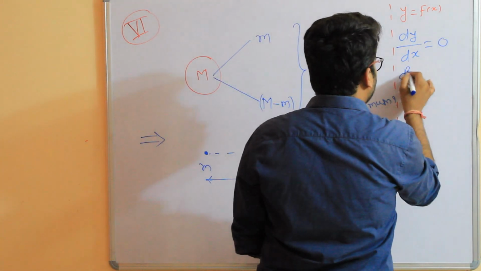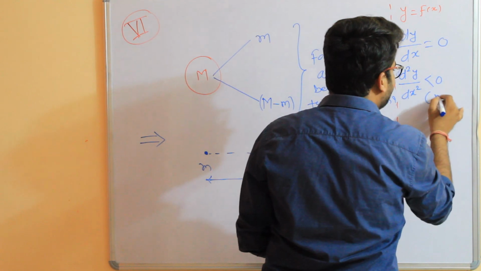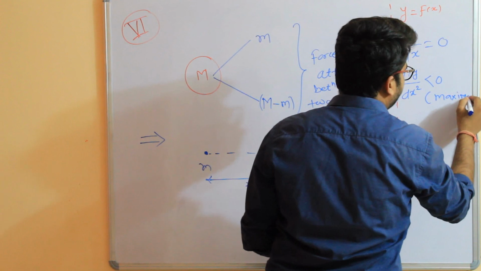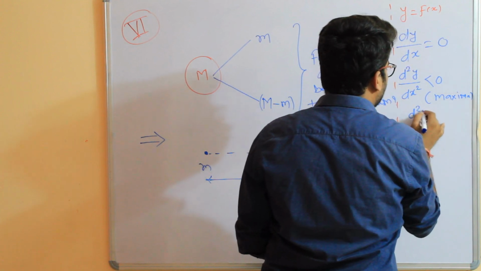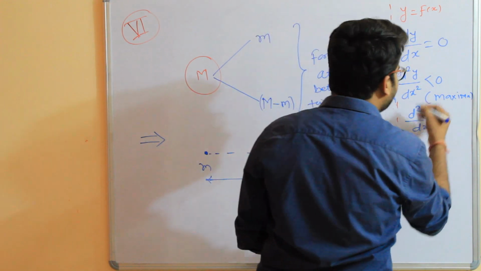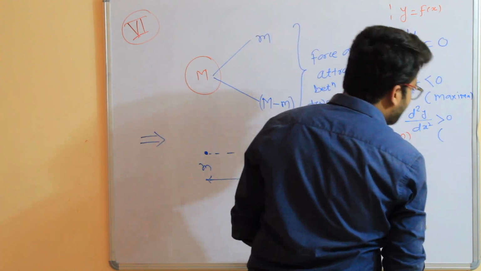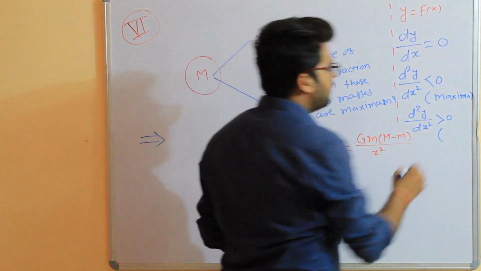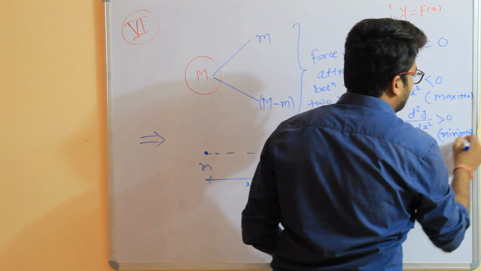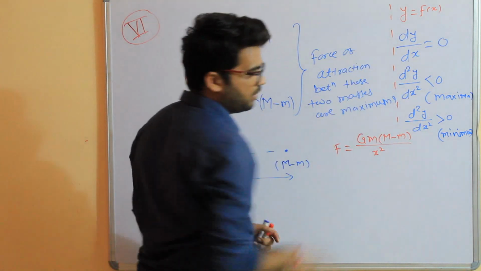And if d2y by dx squared is less than 0, then this function for this value is maximum. And if d square y by dx square is greater than 0, then for this value this function is minimum. So these two you have to remember.